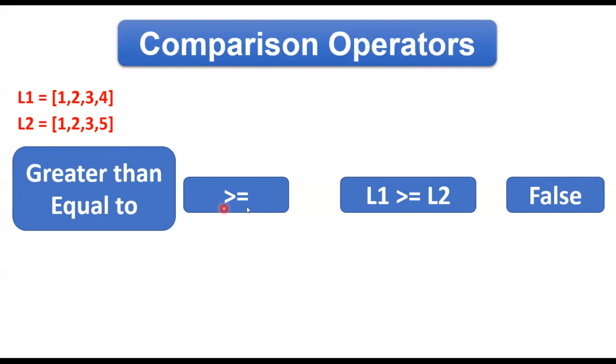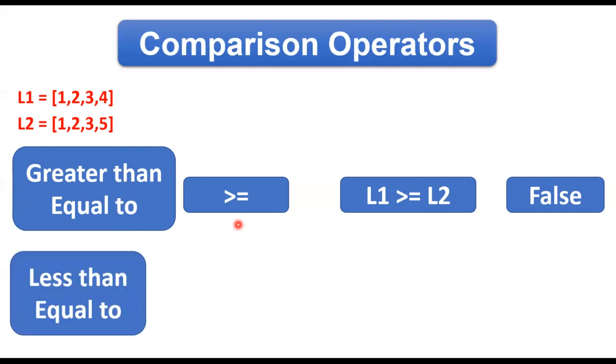So we are checking for both the operations, greater than and equal to. And if any one of the operations is satisfied, I get the result as true. Otherwise, false.